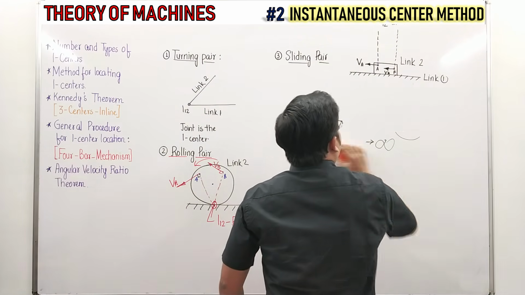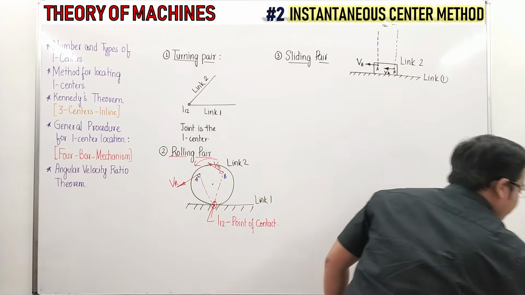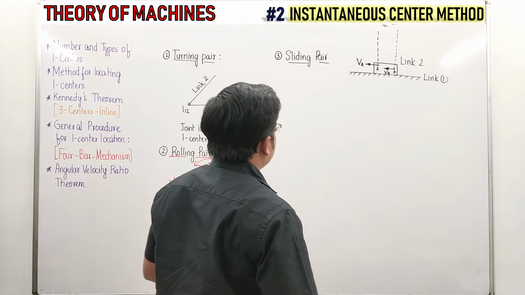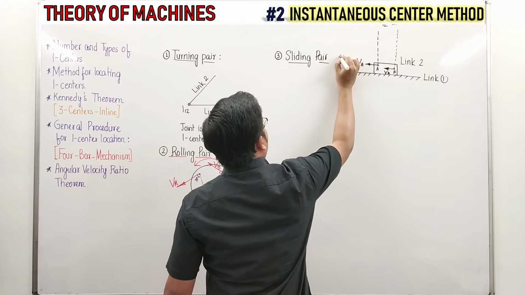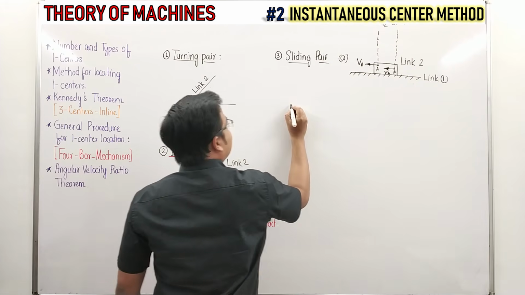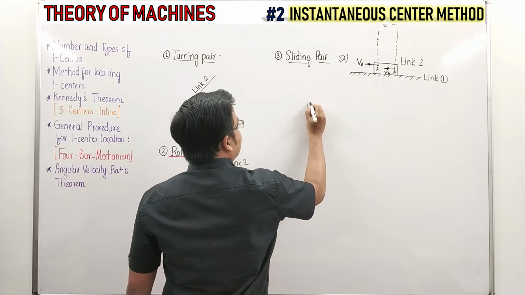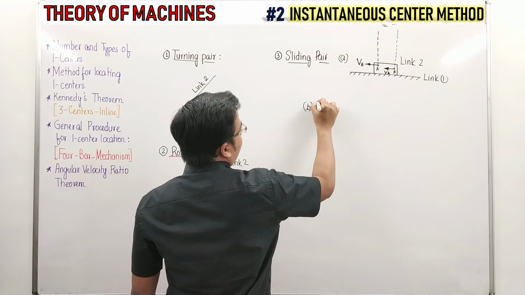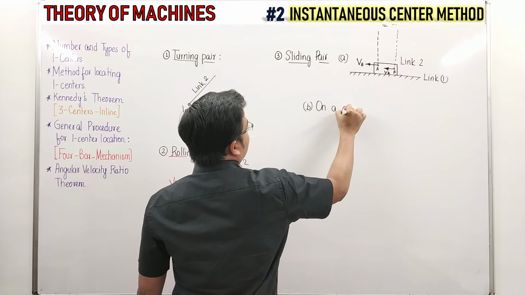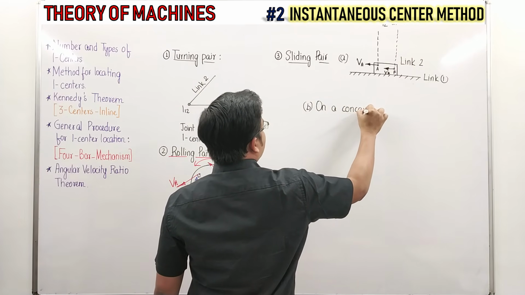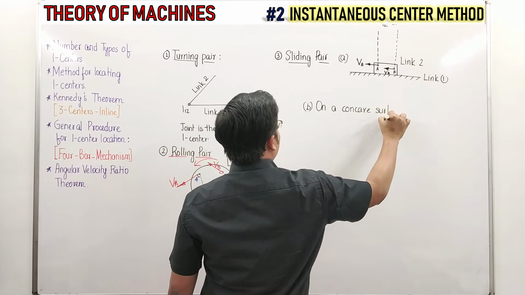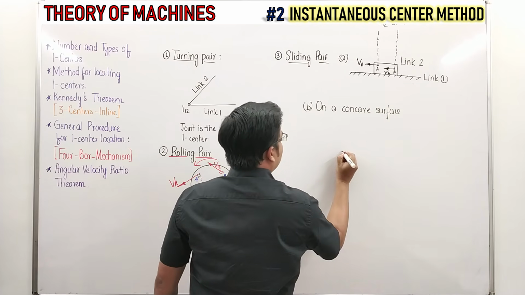Now sliding pair, as I told you, there are 3 cases. This is the first case, on a horizontal surface. The second case of a sliding pair is on a concave surface. So just take a look at this. This is also very interesting.